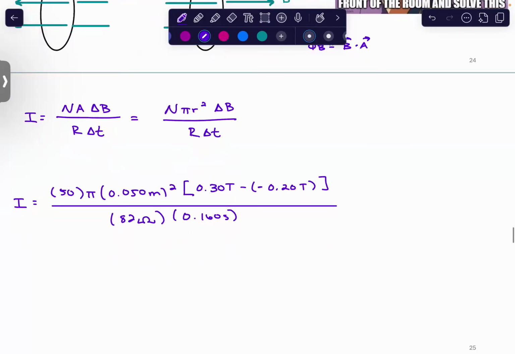And 0.16 seconds. So our current is going to be 0.0150 amps or 15 milliamps.